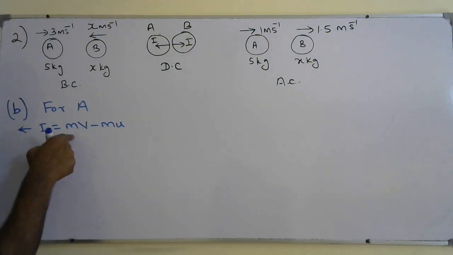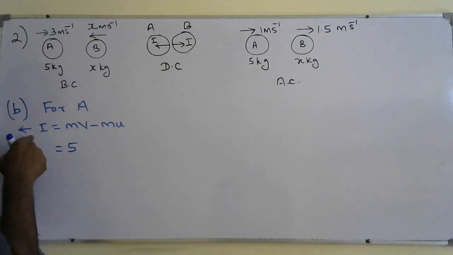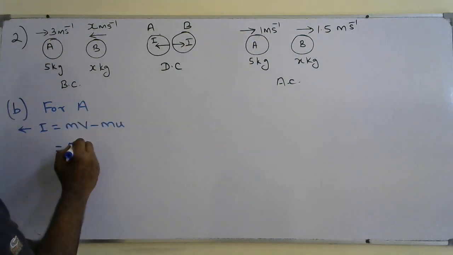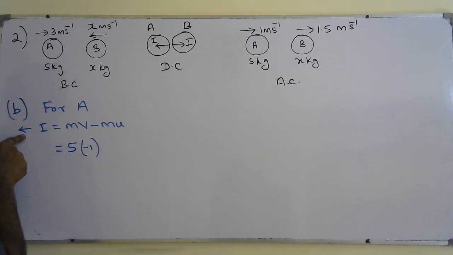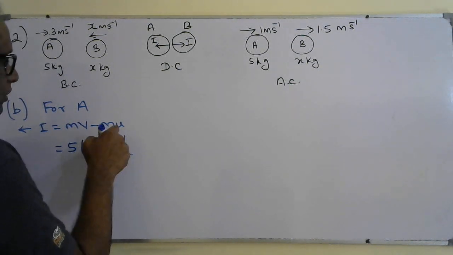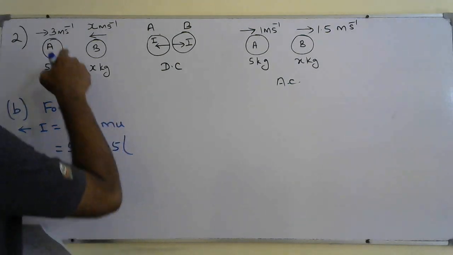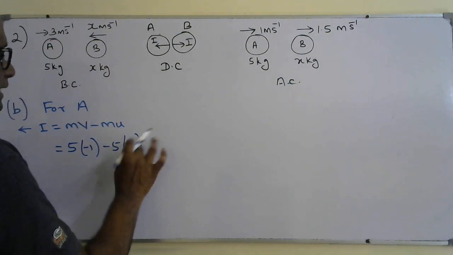The mass of A is 5 kilogram. The velocity after collision for A is towards right, so I should put -1. I am taking towards left as positive because the impulse on A is towards left. So 5 into -1, minus 5 into the initial velocity of A. Sorry, I made a mistake.